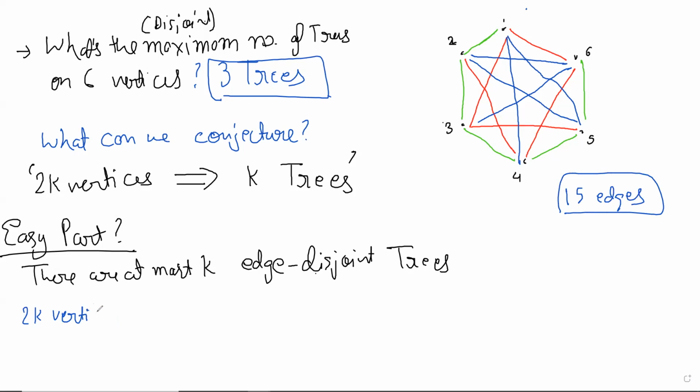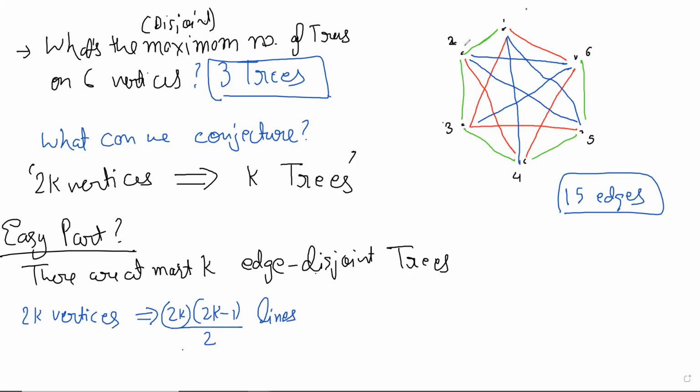So 2k vertices imply how many lines can we make at most? Just try to show that you can make at most this many lines. Obviously it's 2k choose 2, if you know, otherwise it's even more interesting. Just try to prove this. So when there are 2k vertices, there will be this many lines.